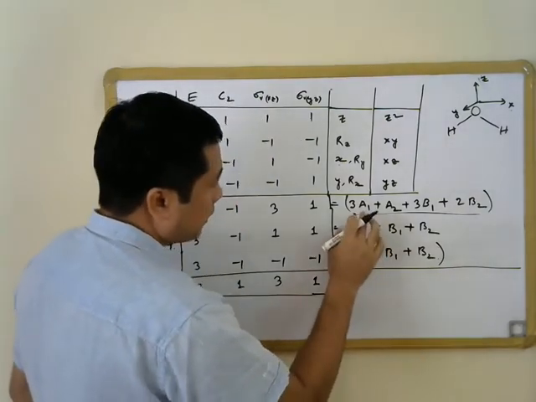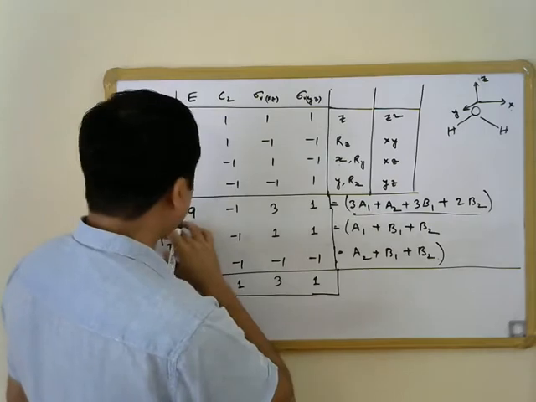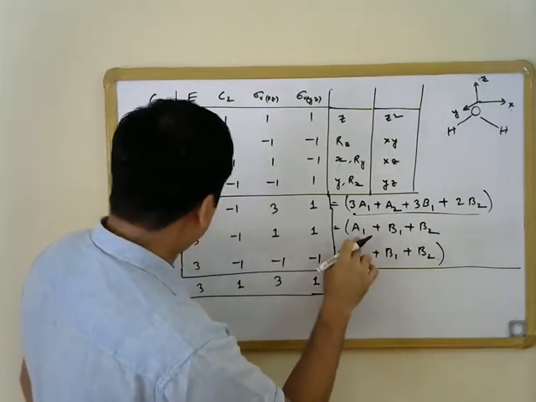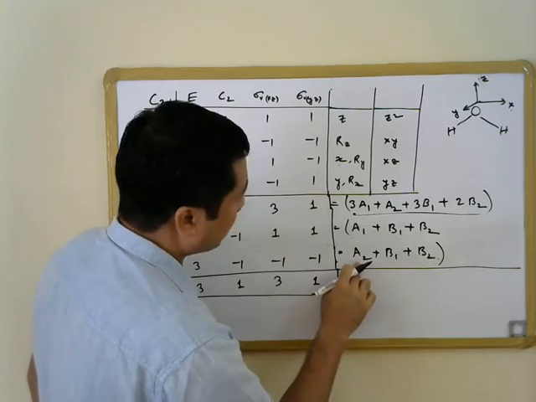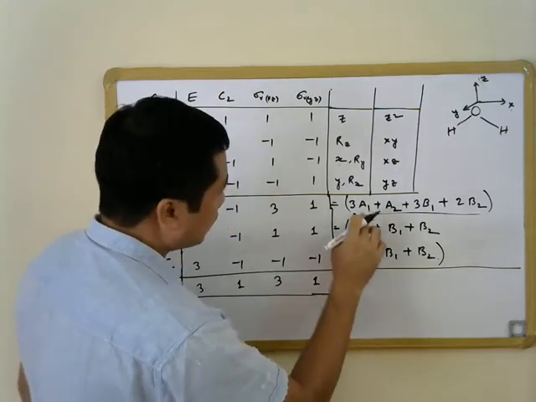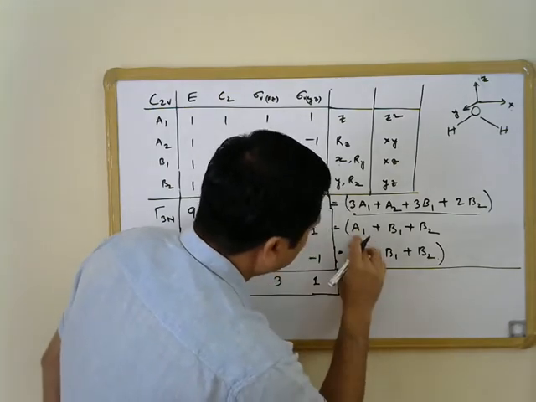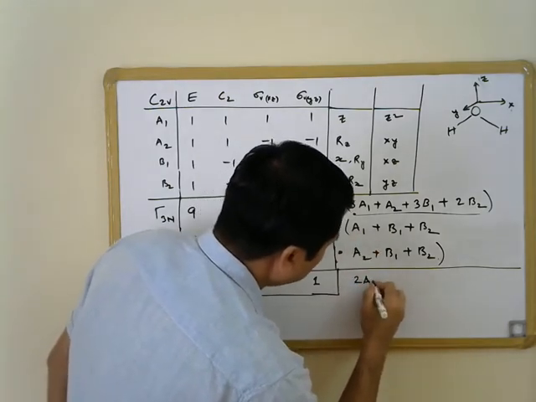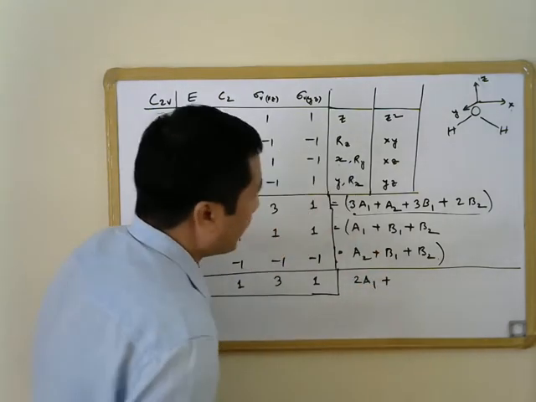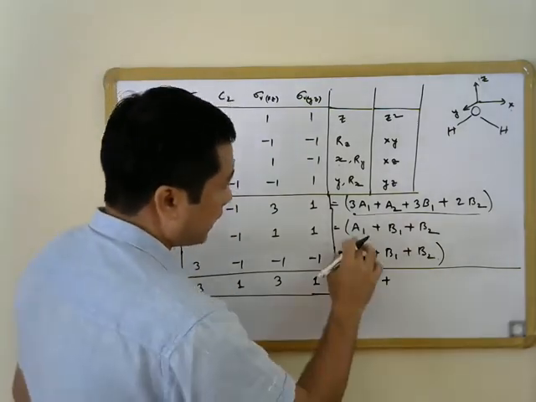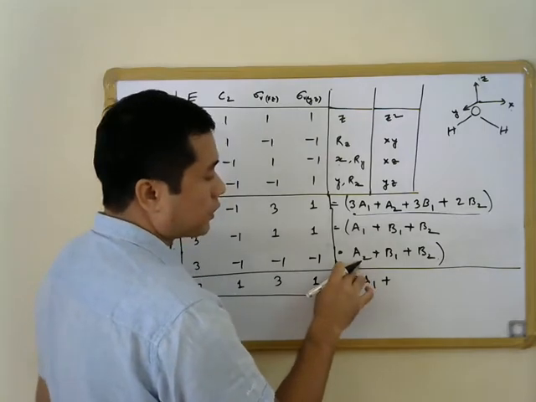So a1 appears 3 times in gamma 3n, while a1 appears 1 time in gamma t and does not appear in gamma r. So if we deduct, 3a1 minus a1, it is going to be 2a1. Then a2 appears 1 time in gamma 3n, and here it does not appear, while in gamma r it appears 1 time.